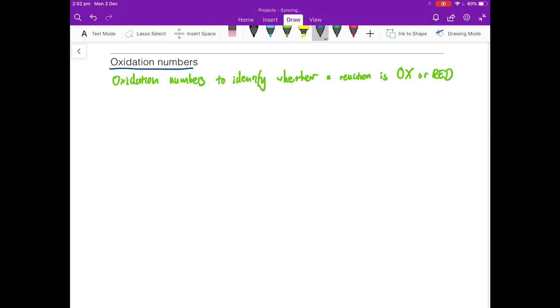Now, oxidation numbers are theoretical, and this is really important. Oxidation numbers are theoretical numbers that we simply use as tools. They don't really have any real-world application. So we're not talking about something like 3 grams, in which the 3 might be representative of a weight.